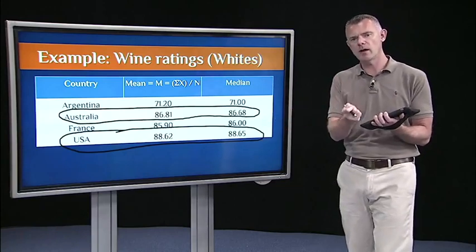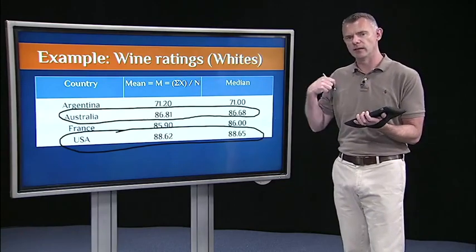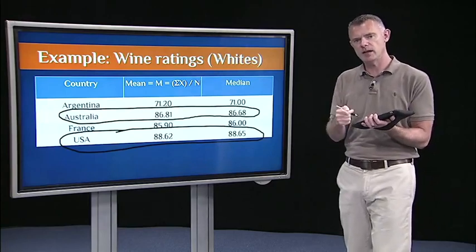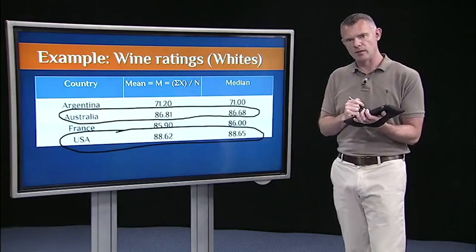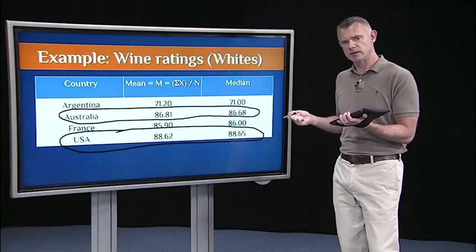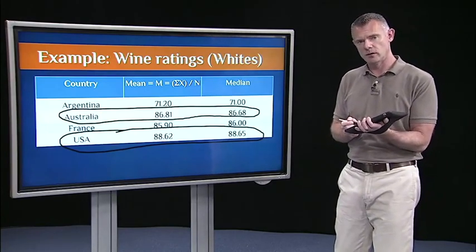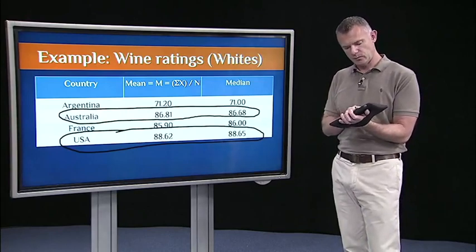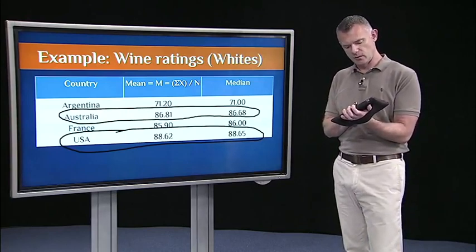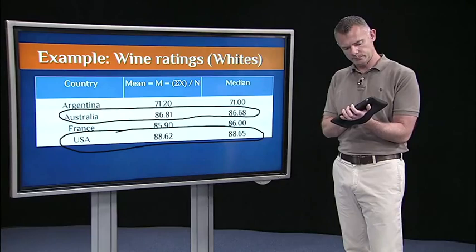Again, because those low rankings are going to have less of an influence on the median than they do on the mean. So the median is going to be slightly higher in a negatively skewed distribution than the mean. And we see that in the rankings for the US white.